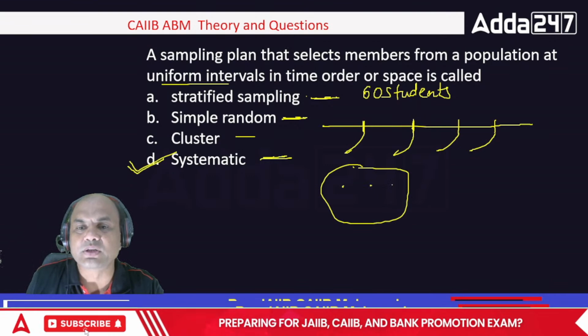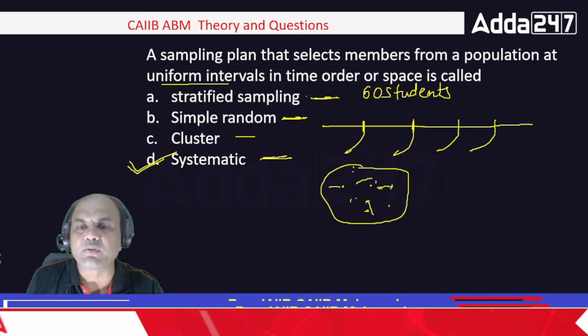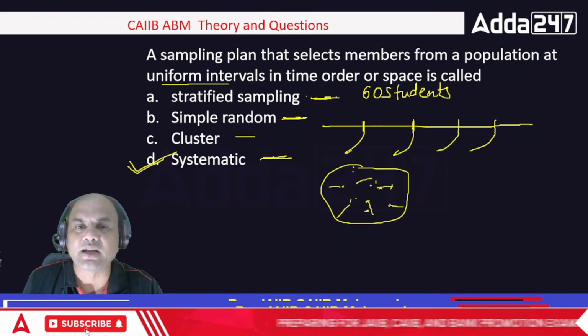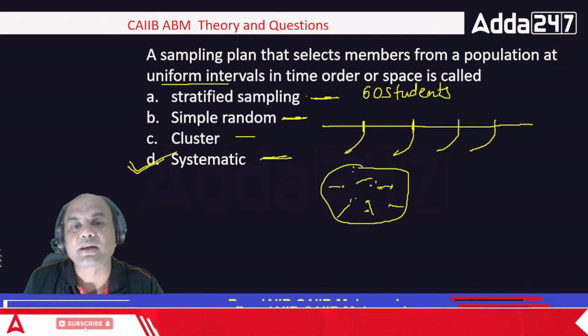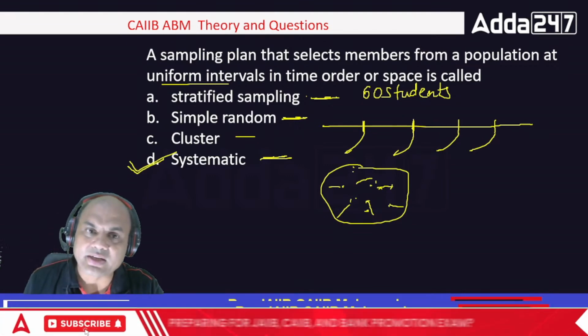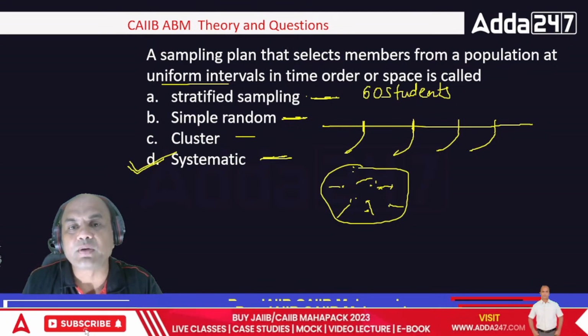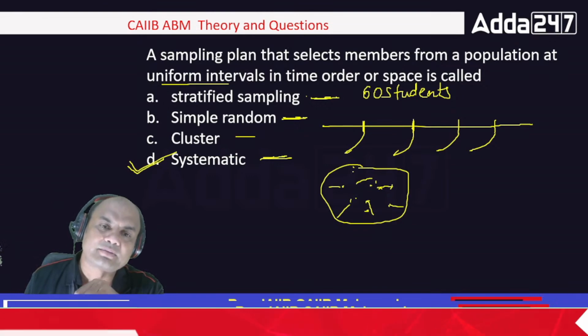I'll close my eyes and put a hand on anyone I want, and I'll select these 6 students. That is called simple random. So these are the 4 types of probability sampling, and the answer for this is uniform intervals, which means systematic sampling.